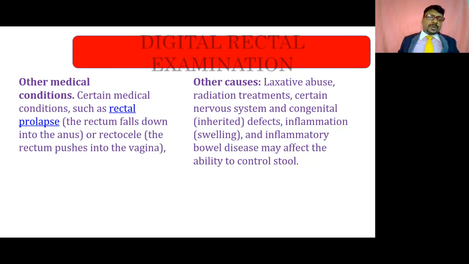These are the positive findings for diarrhea, constipation, anal sphincter muscle weakness, hemorrhoids, and prostate enlargement. If you understand the abnormalities of the rectum, you can easily find the abnormalities in the rectal examination.